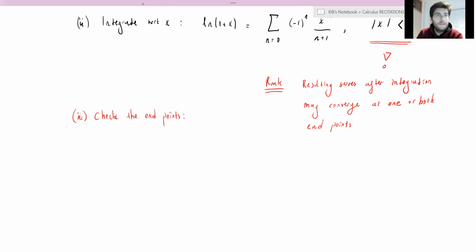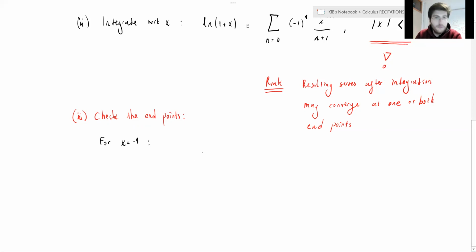So let's check one of the endpoints. For x equals -1, for instance, there is actually nothing to check because the left-hand side is undefined.